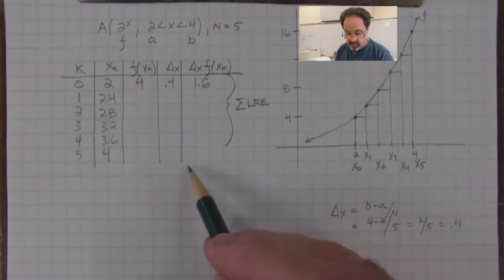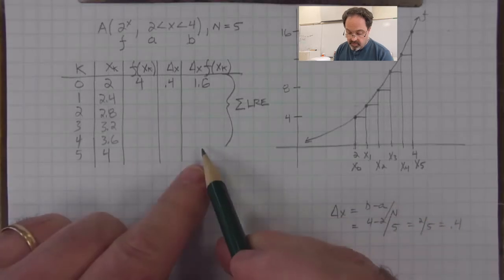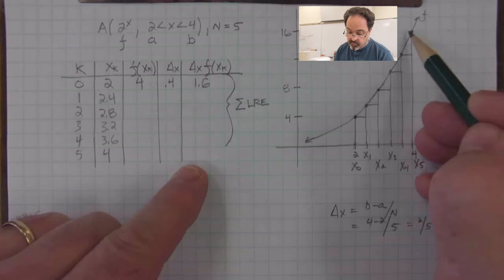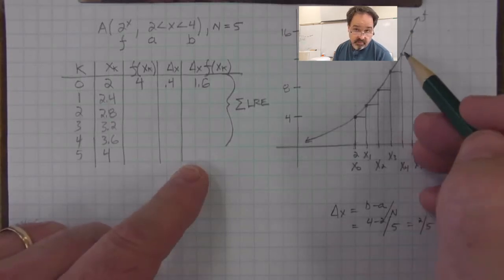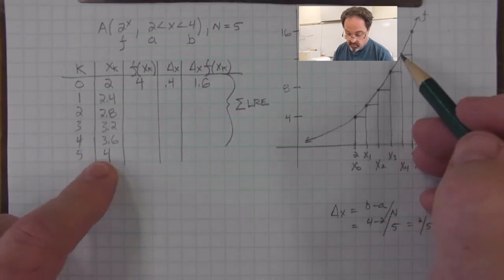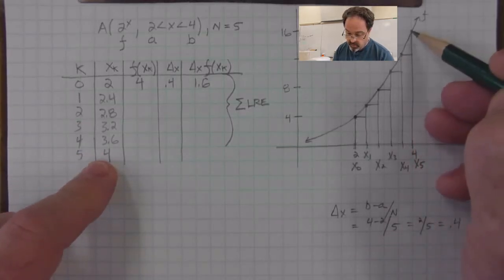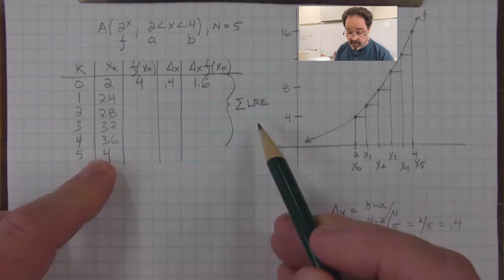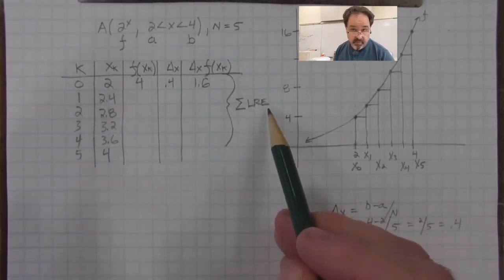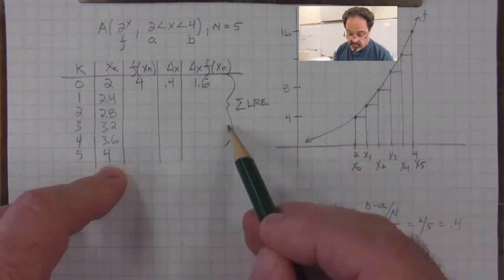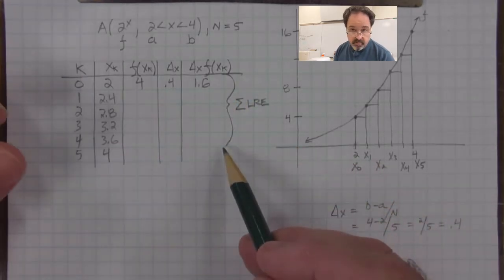This last rectangle is the rectangle that we would use as the last rectangle in a right rectangle estimate. That height would be the rectangle that used this function value on the right side. But if I'm producing a left rectangle estimate, I don't use the last one.